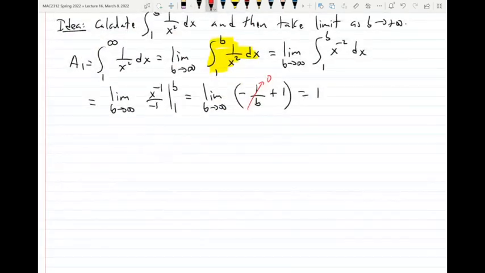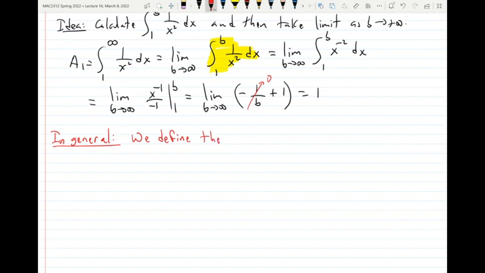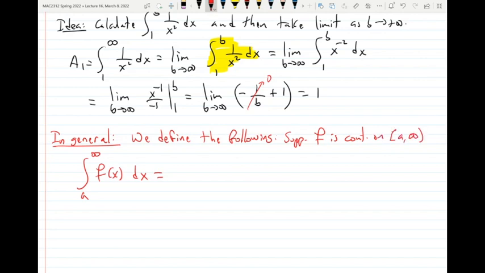So let me summarize this. In general, we define the following. The integral from a to infinity of f of x dx. Suppose that f is continuous on the interval from a to infinity, okay?